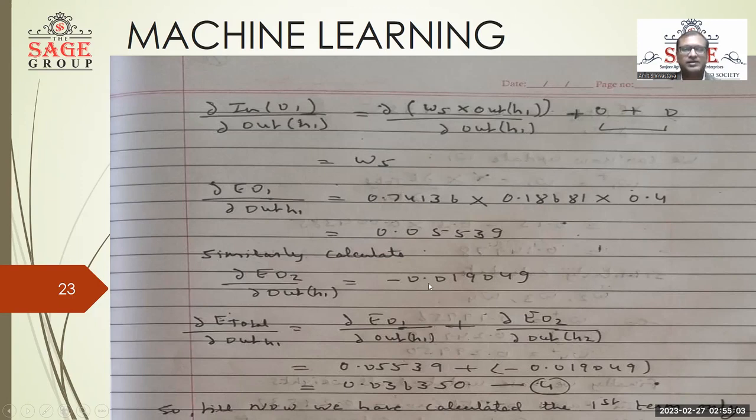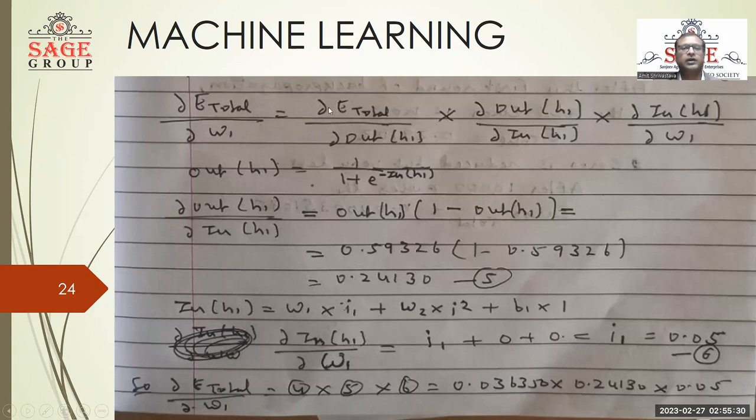It is coming to be minus 0.019049. So now del E total upon del out H1 is del E O1 upon del out H1 plus del E O2 upon del out H1. We will simply add these terms, and finally we will get 0.036350. So till now we have calculated the first term of this equation.